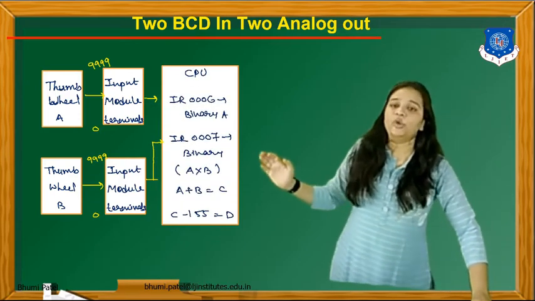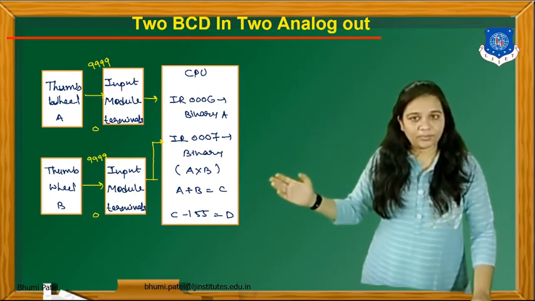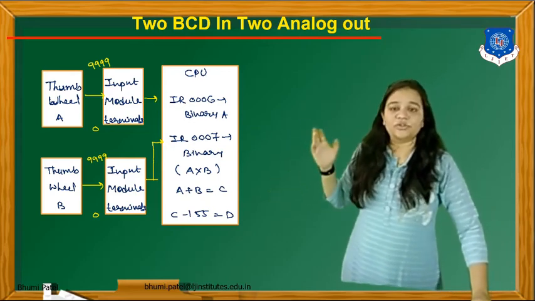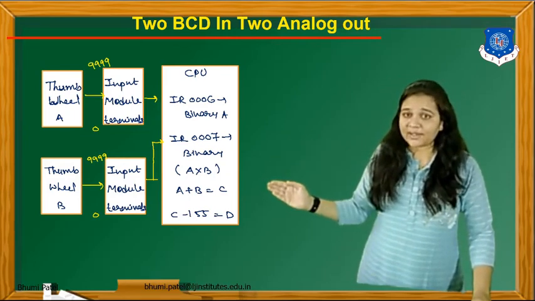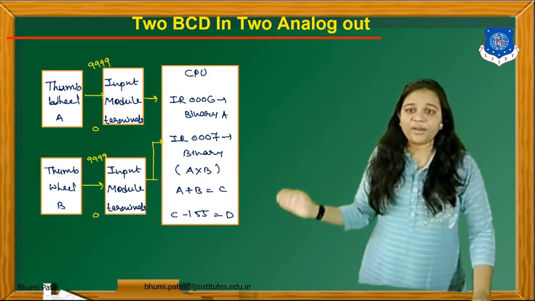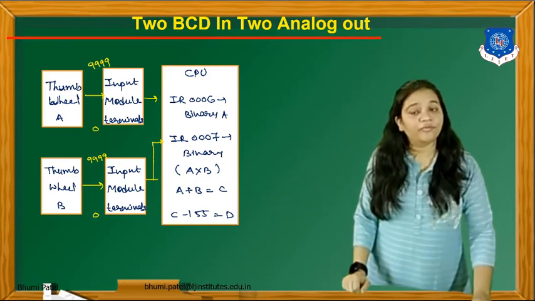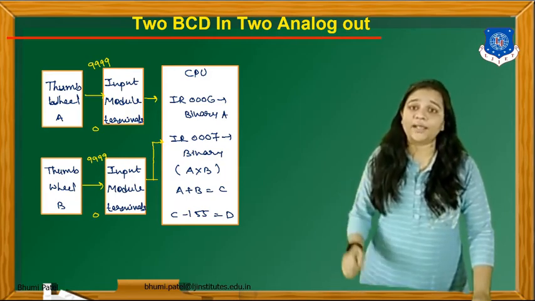This binary value is given to the CPU IR0006. This is binary number A, and IR0007, this is binary B. Then we have to multiply this binary number, add this binary number, and subtract with 155, and the answer will be D. Now we have to take 2 analog outputs.